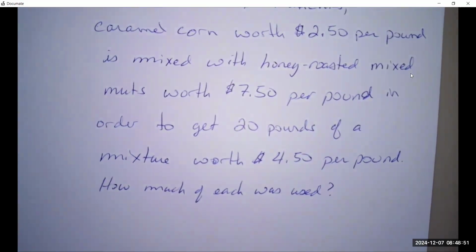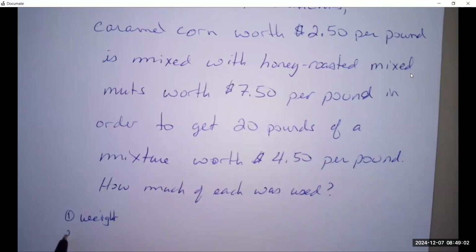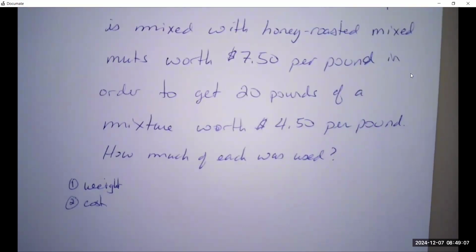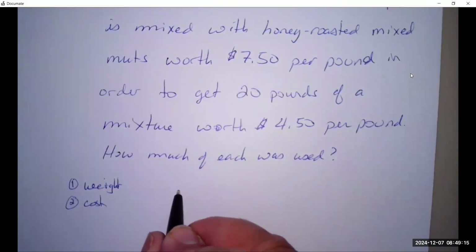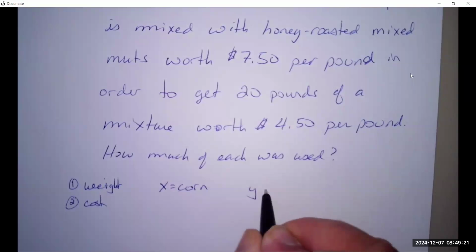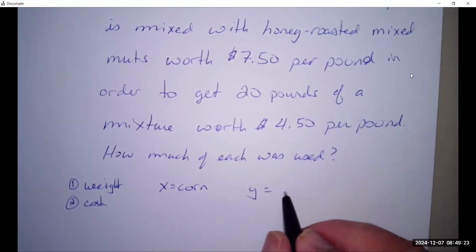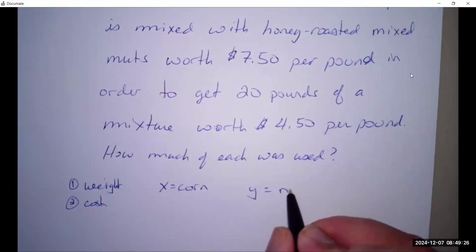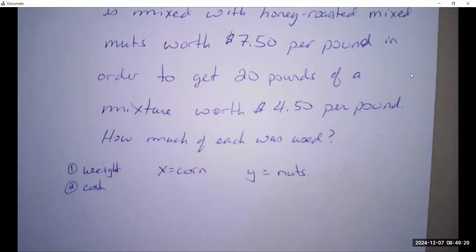Okay, we have two variables here. We have to worry about one variable is the weight, and then the second one is the cost. So let's call the x equal to corn and y is the nuts, the mixed nuts. So what do we know?